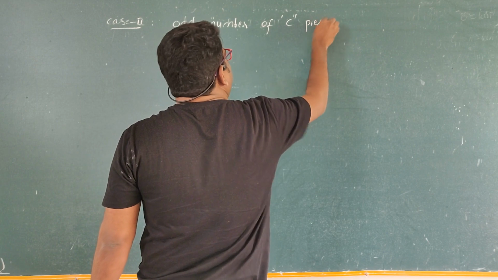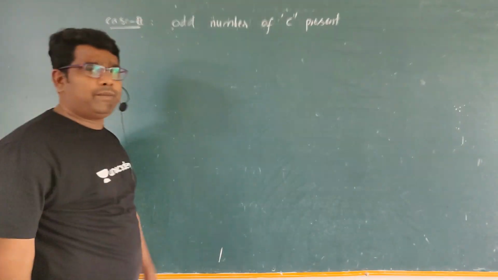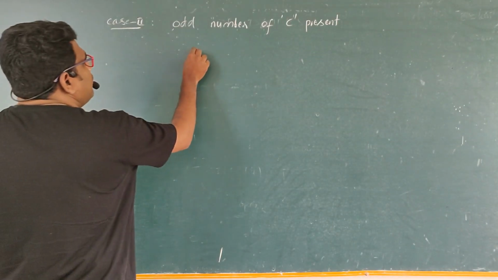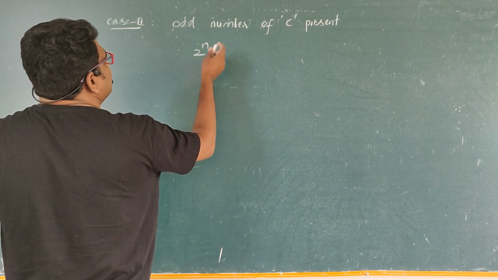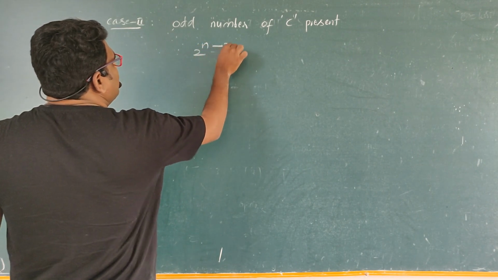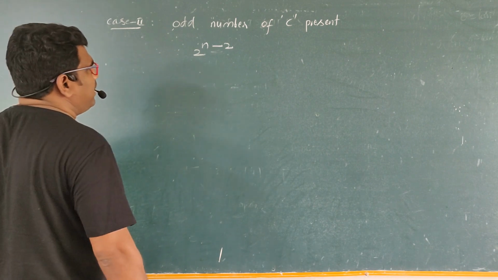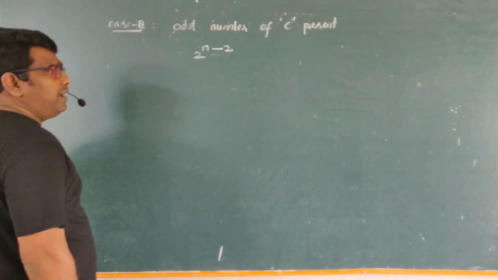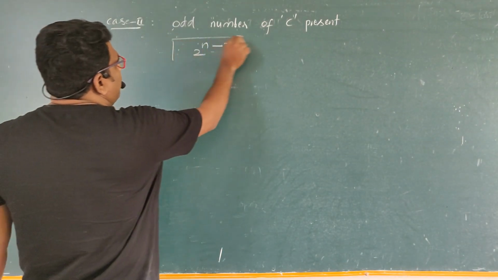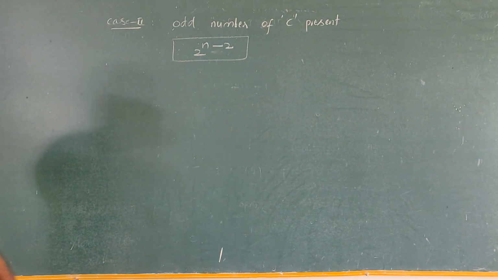So this is the formula for odd n: 2 power n minus 2.